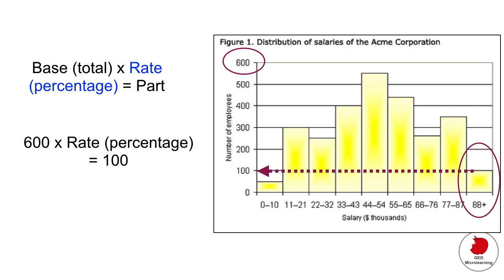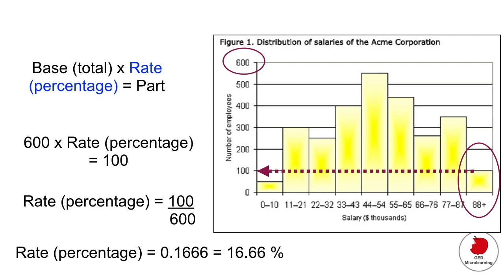Now all you have to do is find the rate or the percentage, which would be 100 divided by 600, which is 0.16, and then we multiply it by 100 to get the percentage, which is approximately 16.6%. All right, so that's basically how you would solve this problem.